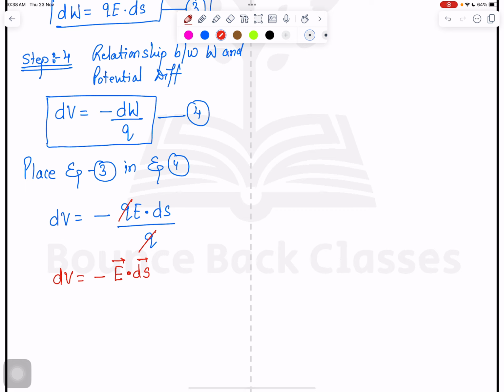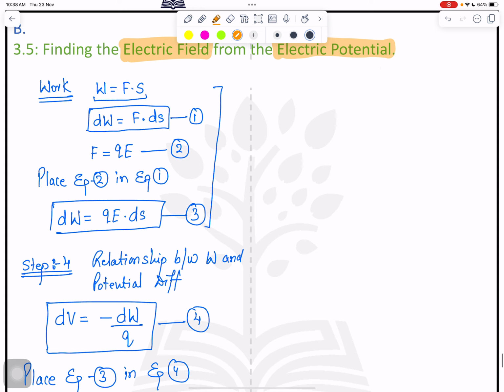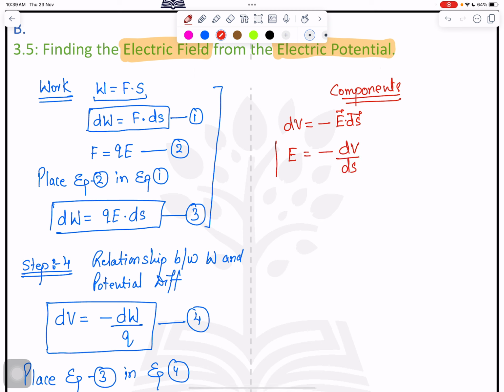Here we have the dot product also, so we can use cosine theta to solve. And there are other things. If we need to find the components, sometimes they will give you the question on the basis of components. Then how can you solve this? We know dV is equal to negative E dot ds. So can I say E is equal to negative dV over ds, complete value?